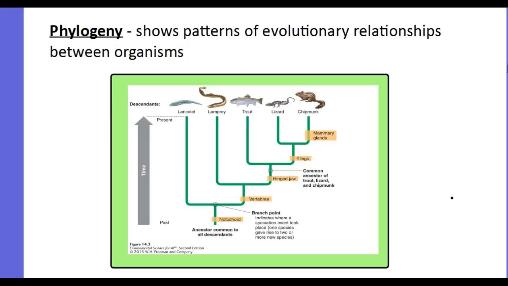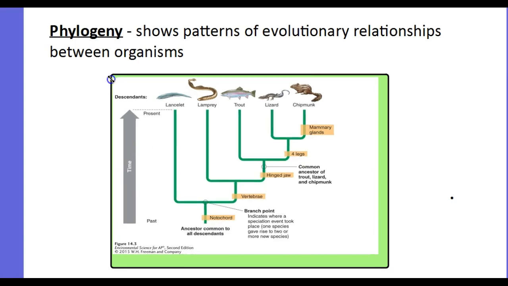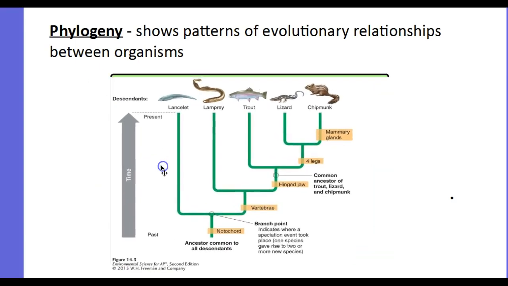Okay. All right, so we have a phylogeny. I didn't even put this on your sheet because it's kind of review, but a phylogeny just shows the evolutionary relationships of whatever we're talking about. So in this case, we would have the lancelet over here, the chipmunk over here. They show time.